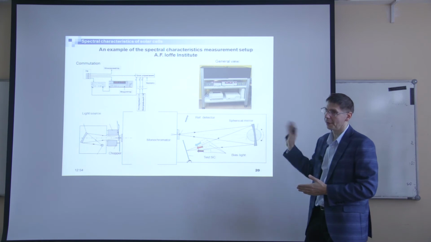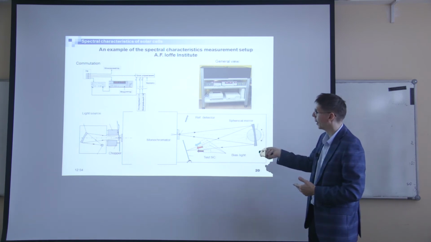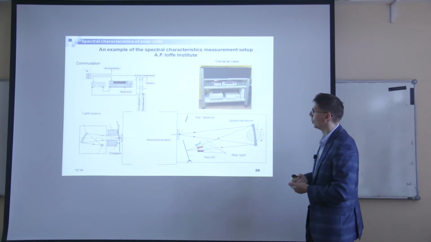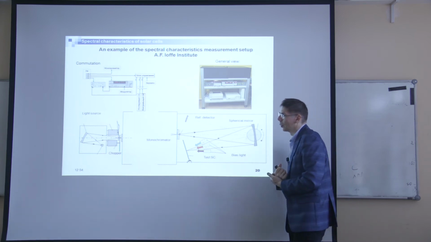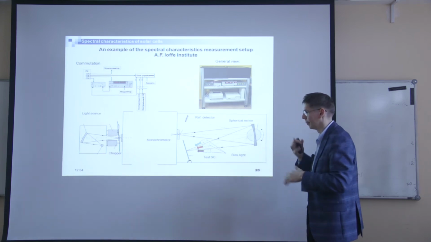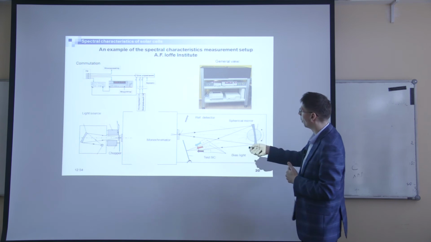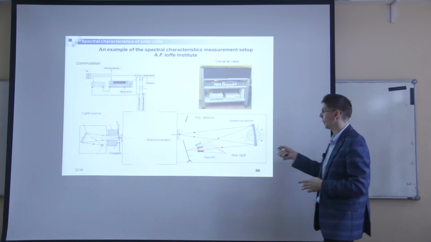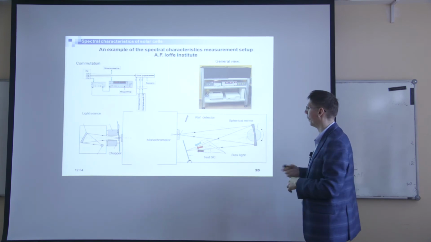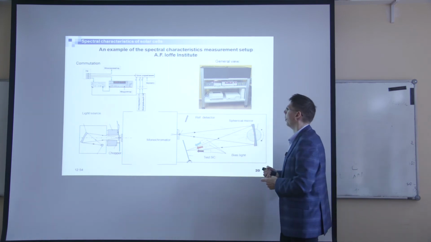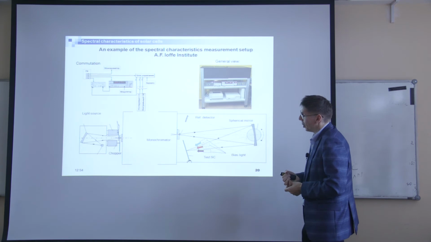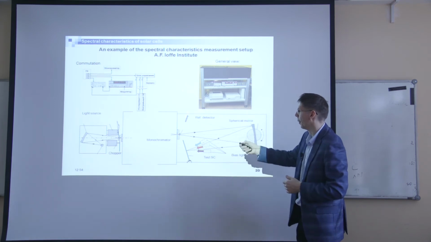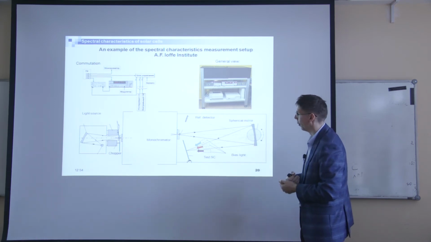By moving the mirror you can pass the light to the test cell or to the detector. It's a little bit more complicated to manage the light, you have to calculate this mirror, but the advantage is that you don't care about the moving system, you just move the light.